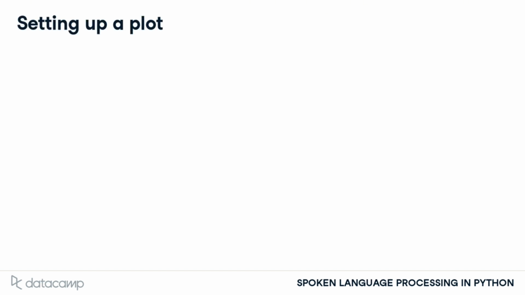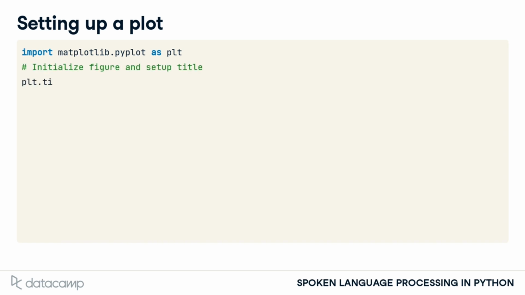To set up a plot, we first import the matplotlib pyplot module under the common alias plt. We can then start creating a plot by calling title on plt and passing it a string. The string will be the title of our plot.